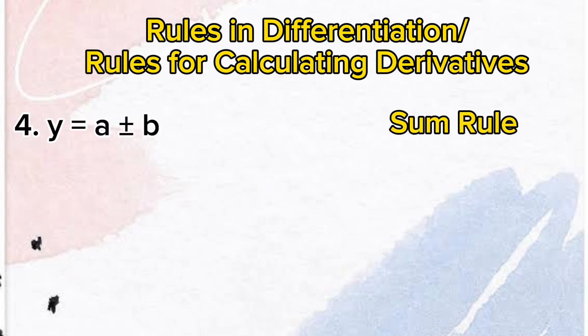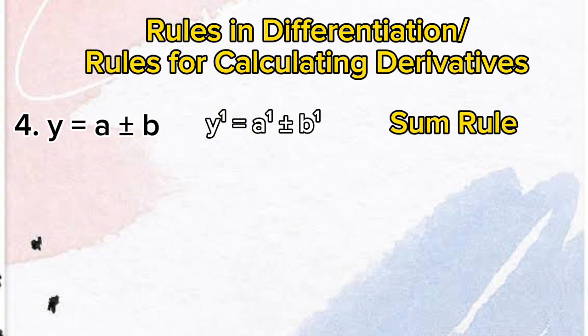Next is the derivative of a sum, or sum rule. If we are given the function y is equal to a plus or minus b, then we derive it using y prime is equal to a prime plus or minus b prime.